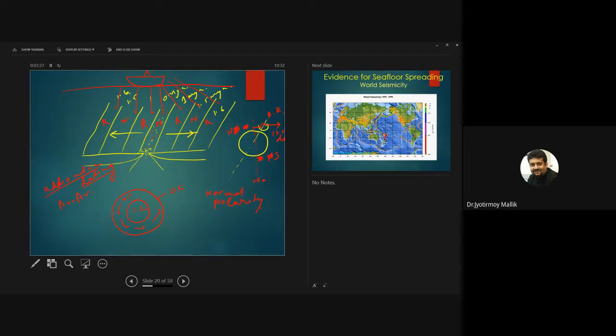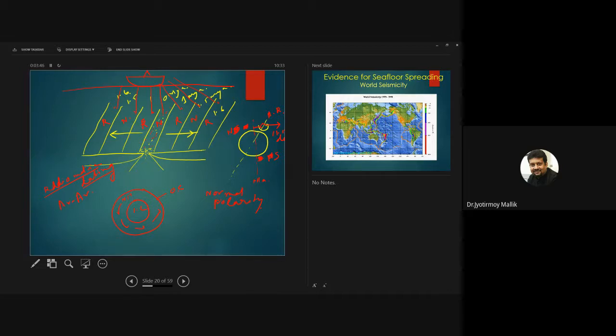And then you can also study their magnetic polarity, whether it is normally polarized or reverse polarized. That can be done very quickly and easily. And if you plot them, you can very quickly see that such a pattern comes up.